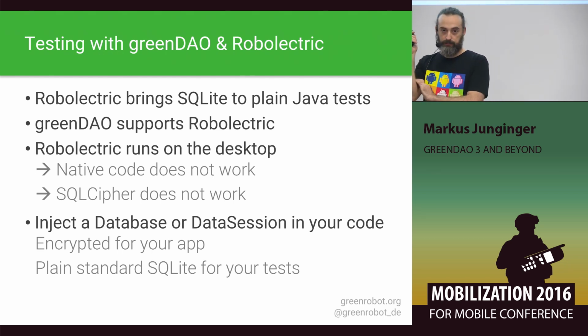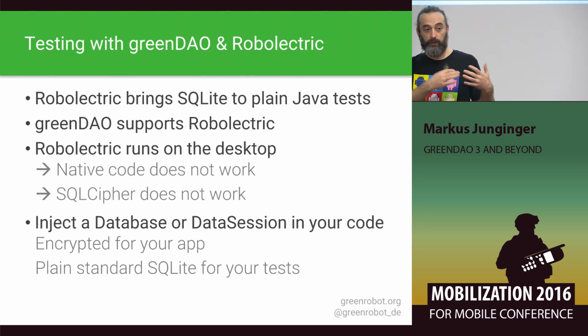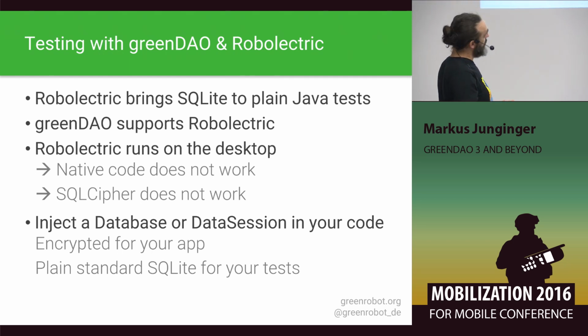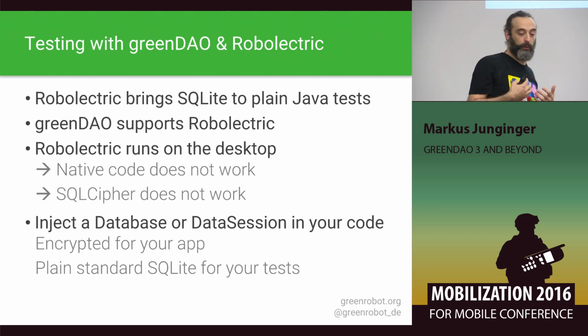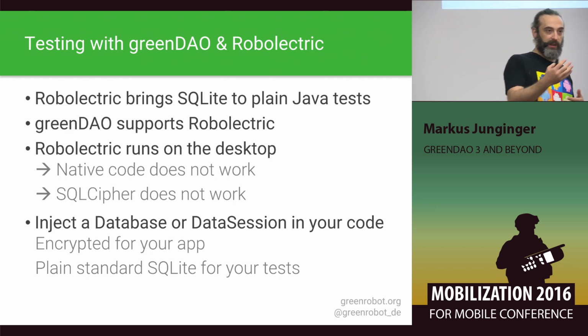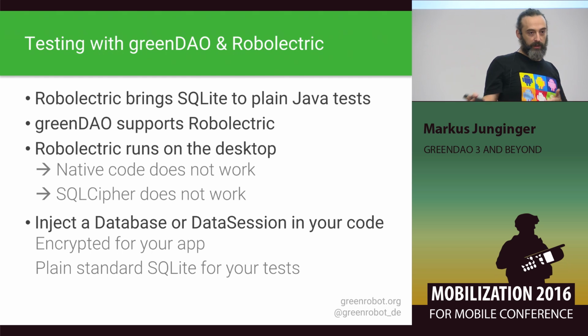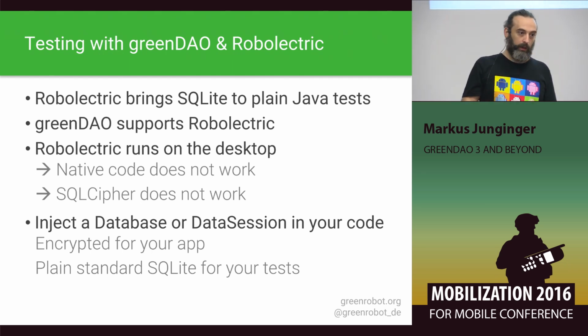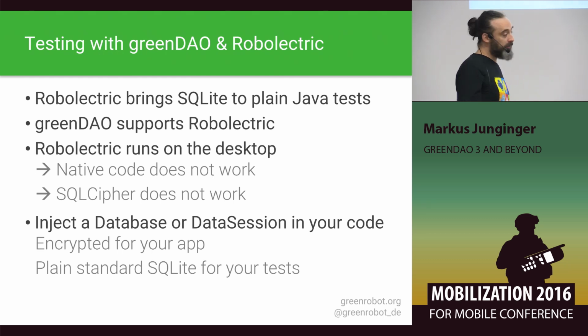And the nice thing about Robolectric is it works on a desktop, but it's very difficult or maybe even impossible to run native code on a desktop because it's compiled for ARM devices, right? And all this compiler chain and so on. So that's why SQL Cipher doesn't work.